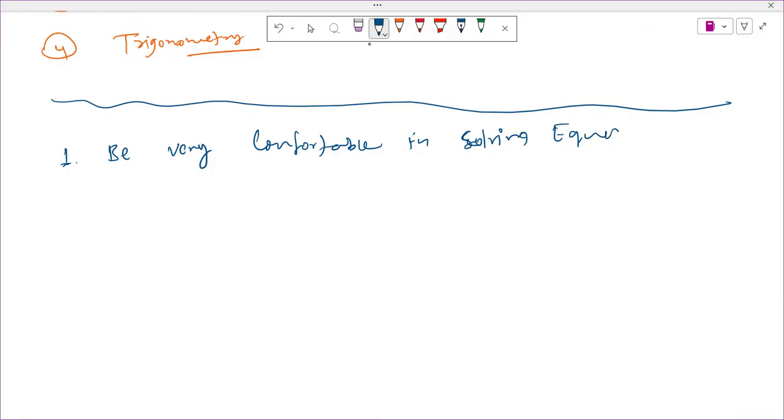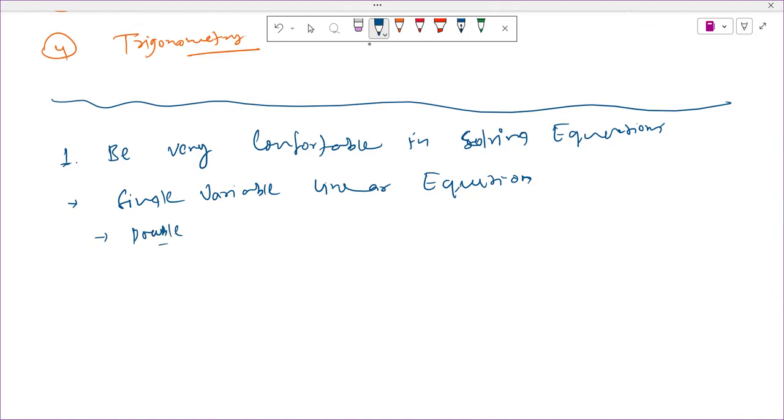It can be a single variable linear equation, and you can have double variable or any number of variable linear equations.